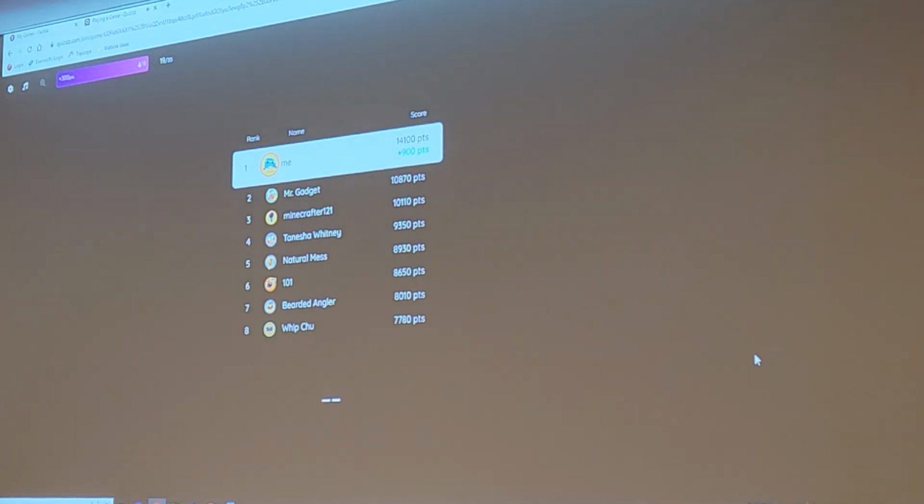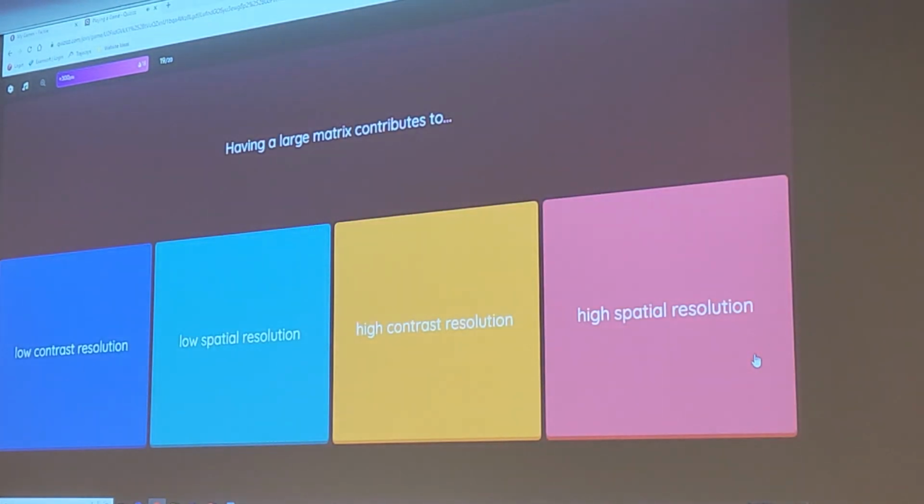Alright, so once again, as a review, when we are talking about size, what variables should we be looking out for? Matrix, pixels, field of view, right? Size of your pixels, size of your matrix, size of your field of view. It's all about those three things. We're not going to talk about size of your color; that doesn't make sense.